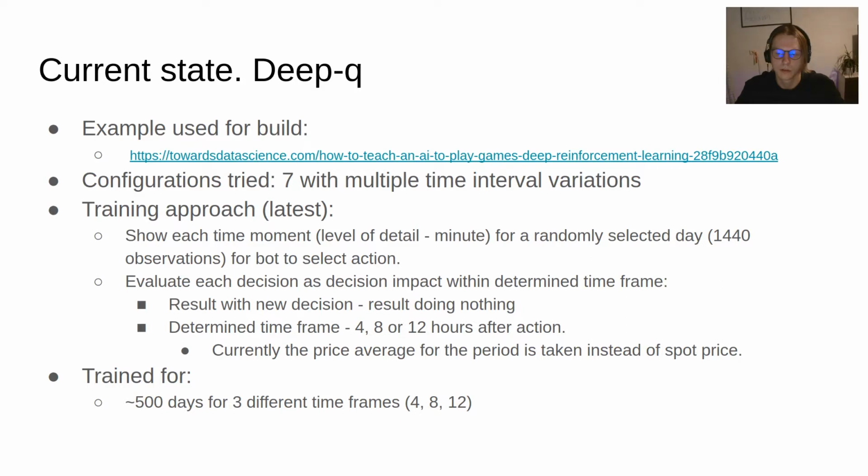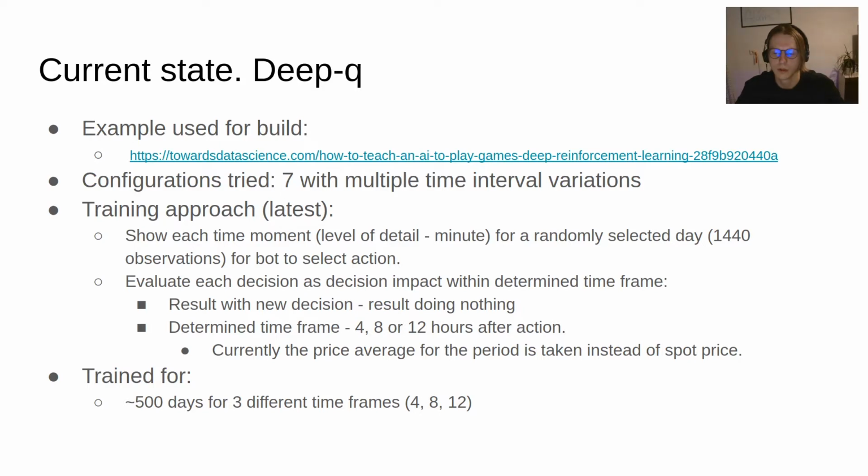And at each of those moments, the bot has to select which action it will make: buy, sell, or do nothing. At the end of each action, so at the end of each minute, I will evaluate the result of the bot's decision impact. The result is calculated as the difference between the new decision and doing nothing.